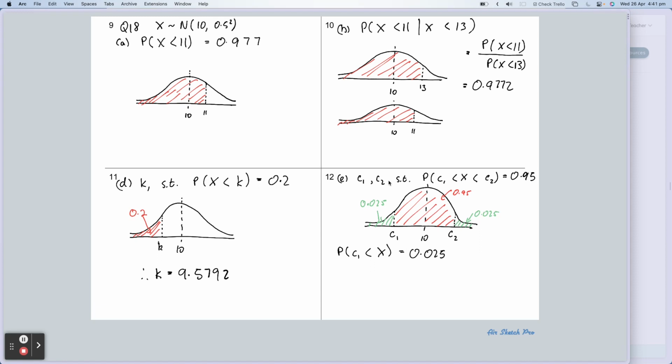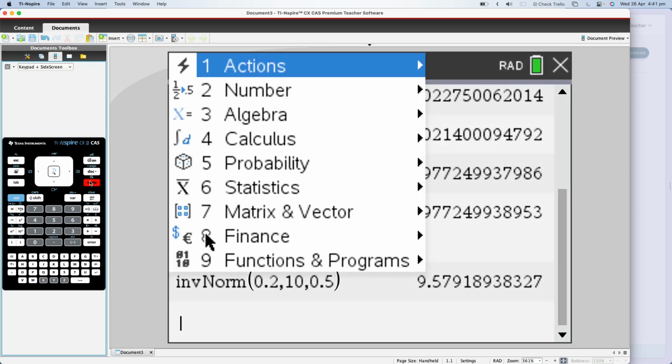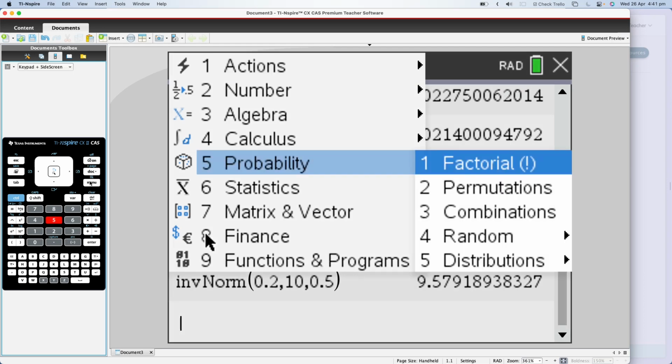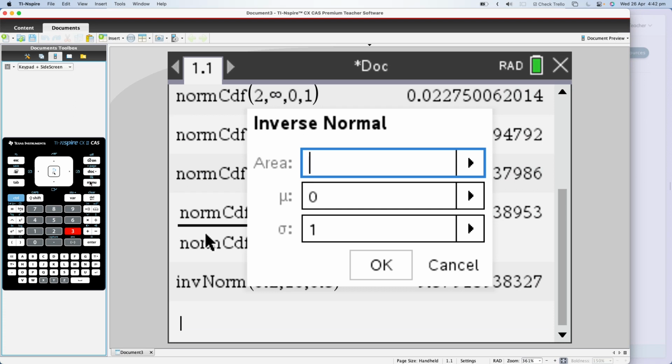Okay, so away I go into my calculator. Again, I can copy it if I want to, but I might do that in a second to show you that it can be done, but I'll just go the long way for a second. Probability, distributions, inverse normal. The area in this case is 0.025. Double checking my numbers that I've got them right. The mean is 10. The standard deviation is 0.5.